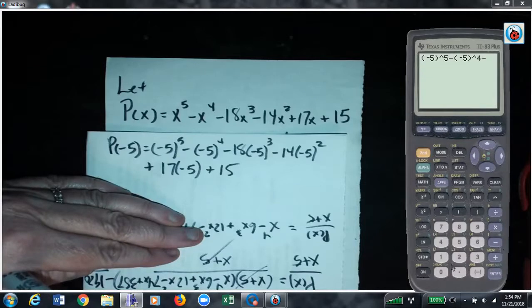Then minus 18 times negative 5 cubed. Then minus 14 times negative 5 squared, which is positive 25. Plus 17 times negative 5.